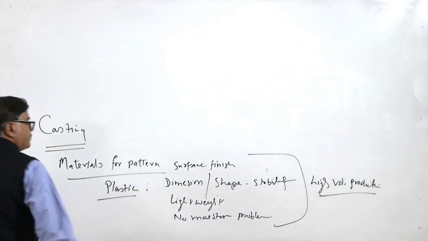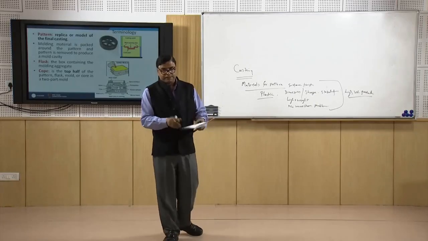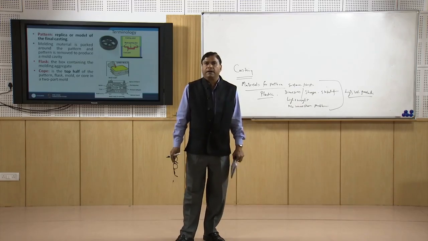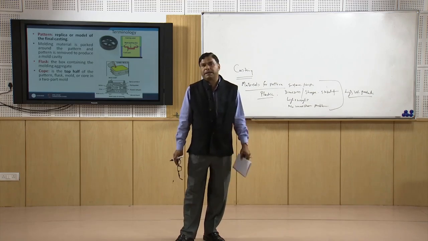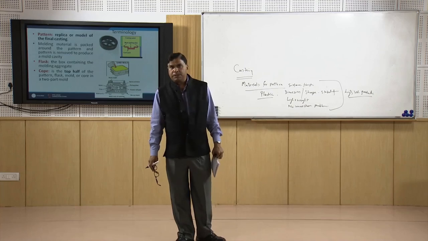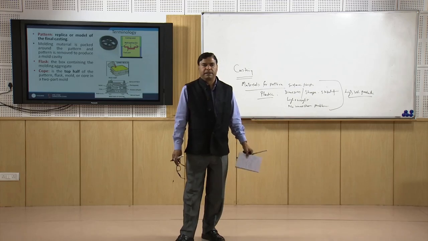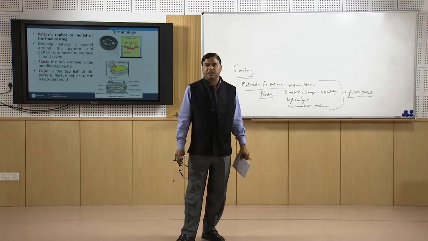So, these are the materials which are used for making the pattern. Now I will conclude this presentation. In this presentation, I have talked about the commonly used terms in the casting process, and also the patterns, what is the pattern and what are the different materials which are used for making the pattern, and how to select the pattern for the different conditions like the dimensional requirement, surface finish requirement, and the working conditions, the volume of the production which is required.